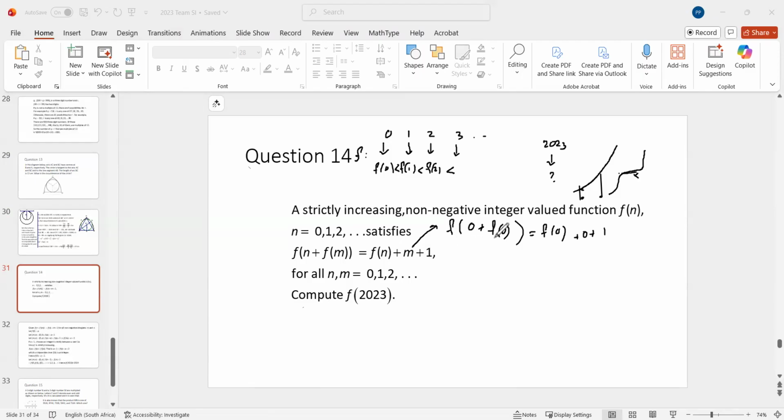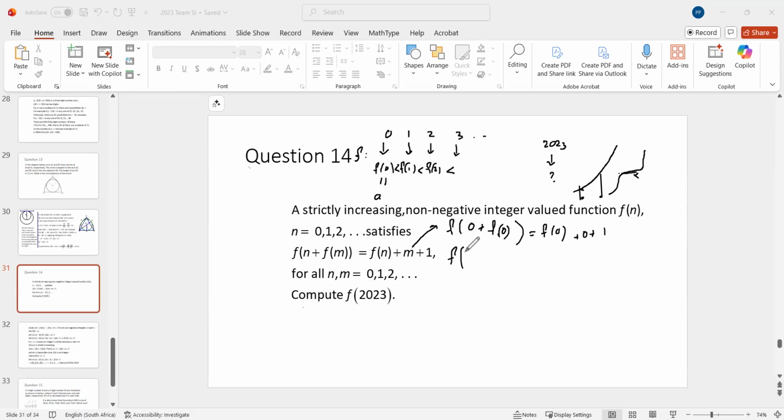Now you notice f(0) occurs twice here. So let's give a name to f(0). Let's call it a.